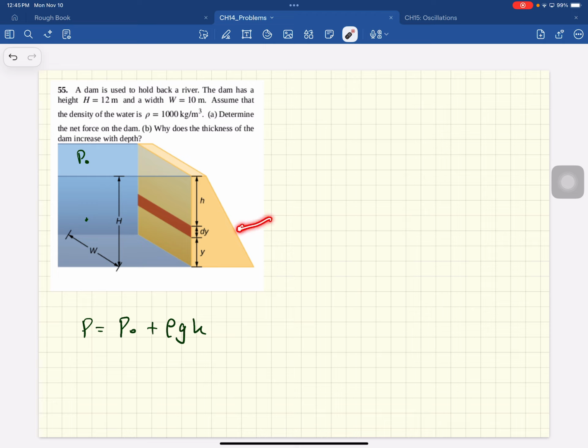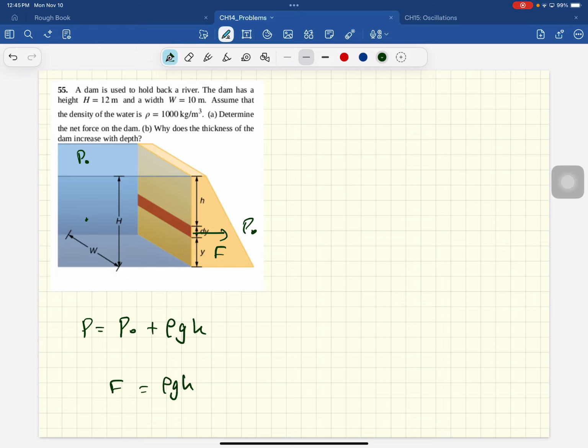The pressure here is atmospheric pressure as well. So the net force in this direction is the force due to this pressure minus the force due to that pressure. So the force is just rho g h times the area of this strip. So it's gauge pressure times the area of that strip.